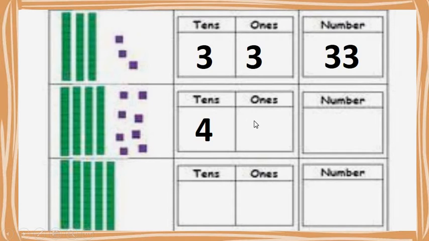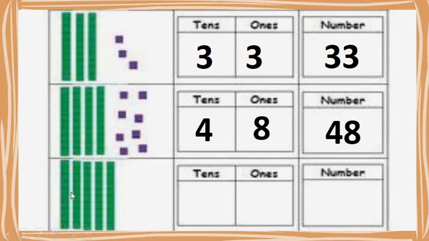So we should write the number 8 on the ones place. After arranging these numbers in the columns of tens and ones, we can say that this forms the number 48. In the other way, we can say that 48 is equal to 4 tens and 8 ones.